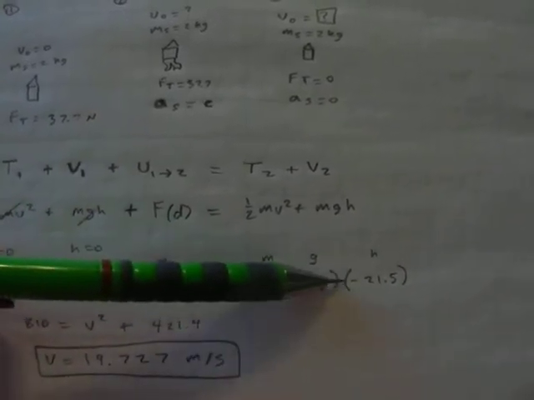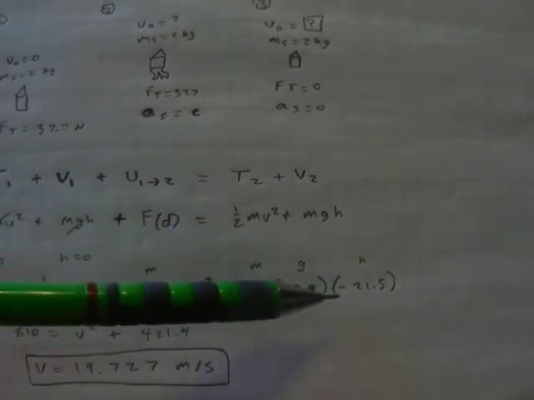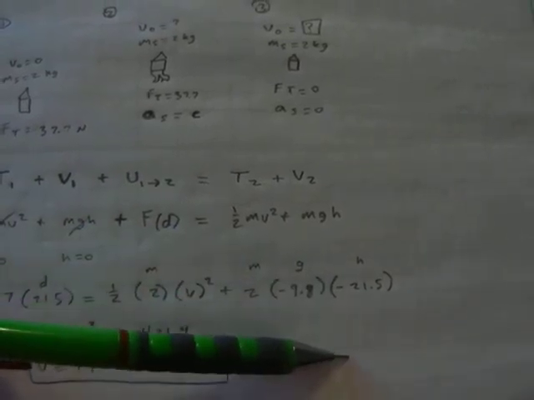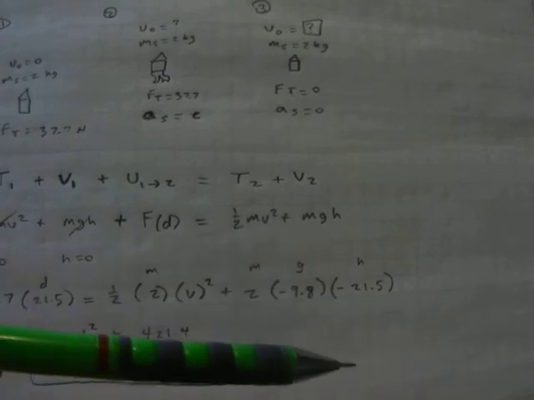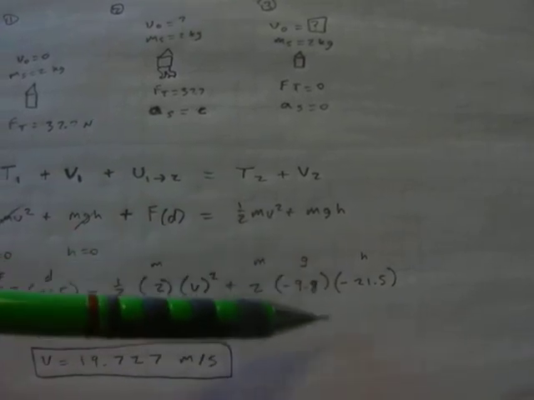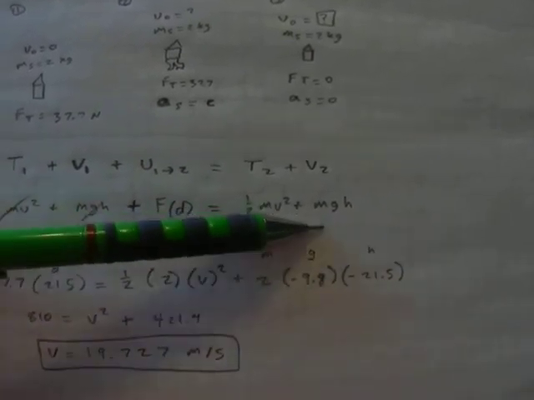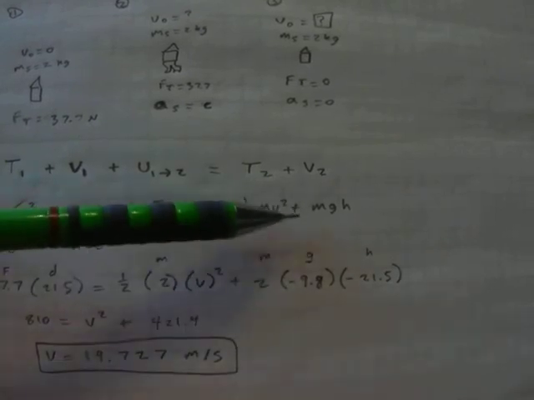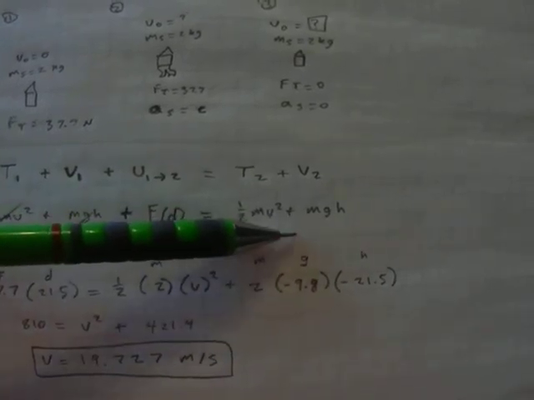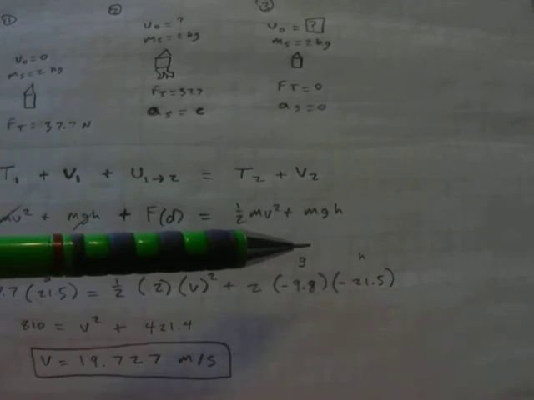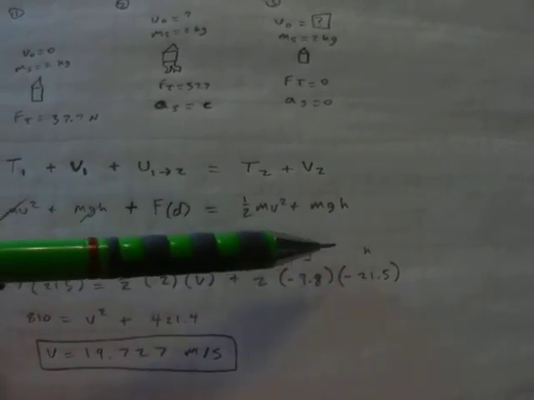The reason I put this one as negative is that at first I thought it would be positive because we are going from 0 to, actually, that makes sense because our position 1 is 0 and our position 2 is 21.5, so we actually use 0 minus 21.5.